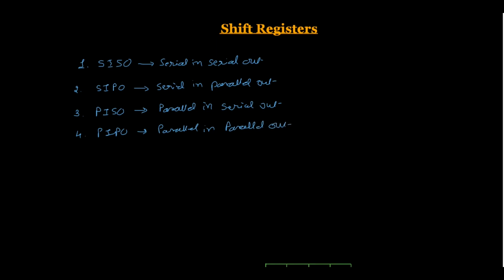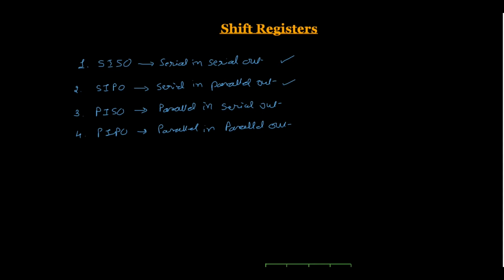So in this way we have four different modes of the shift register. In this video lecture we will discuss the serial in, serial out shift register, as well as the serial in, parallel out shift register.